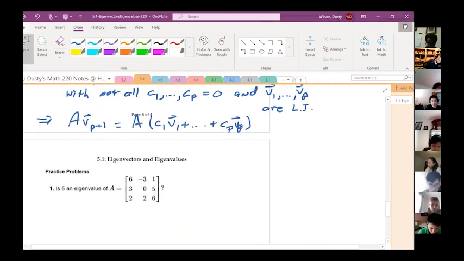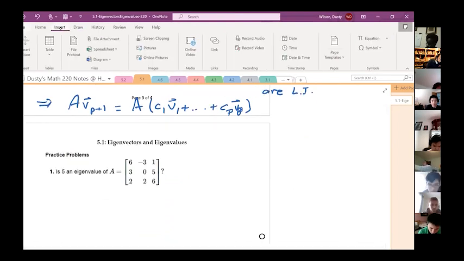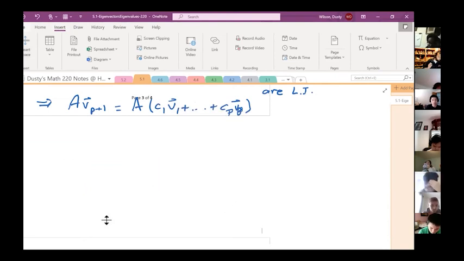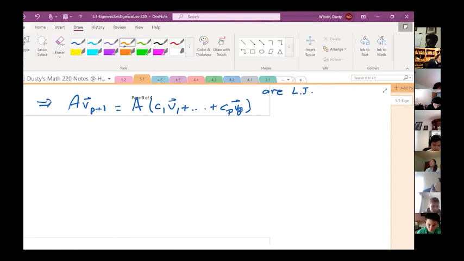Let's see what we get on the left. Remember, every one of these vectors is an eigenvector. So A times V_{p+1} would be lambda_{p+1} times V_{p+1}.